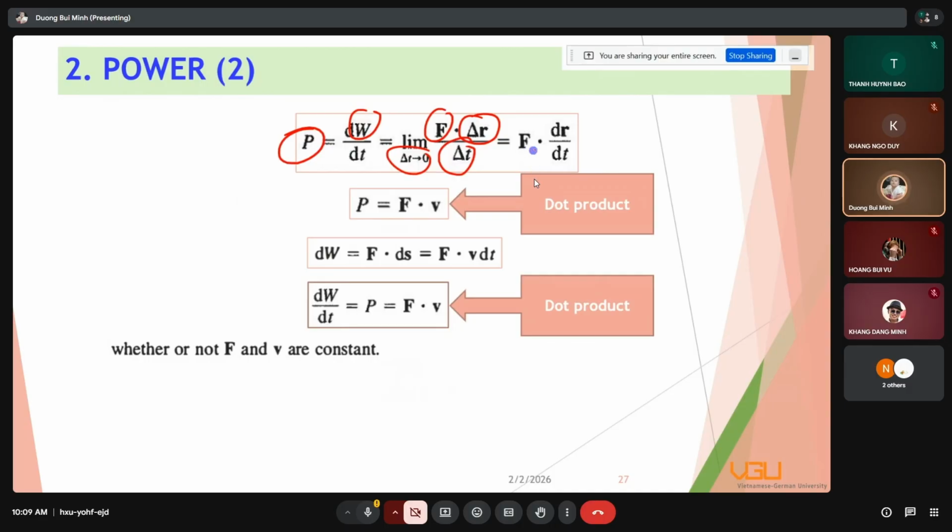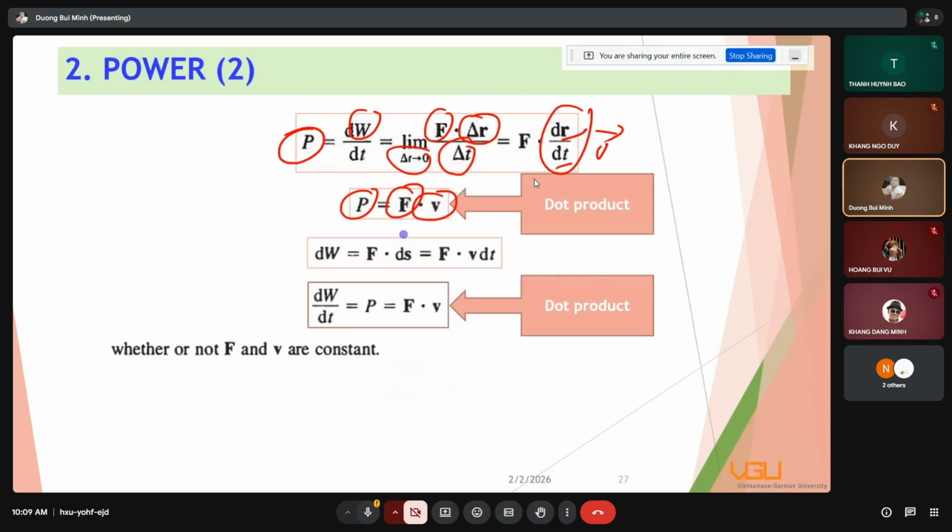So you get F times the derivative of displacement with respect to time. What is it? This one is velocity, right? So now we can get the formula of instantaneous power. This is the product of F and v, where F is force and v is velocity.